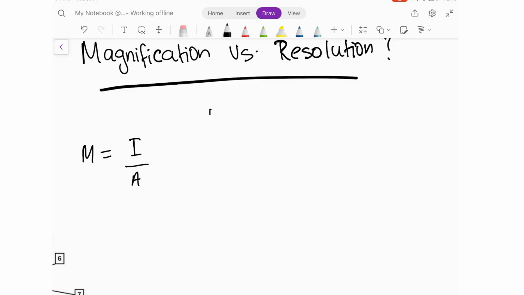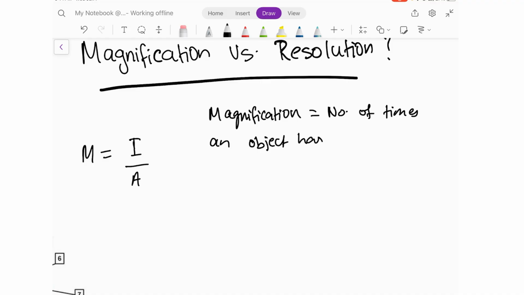So magnification is the number of times an object has been enlarged. Now, how this helps is this helps in creating a larger image. Okay?